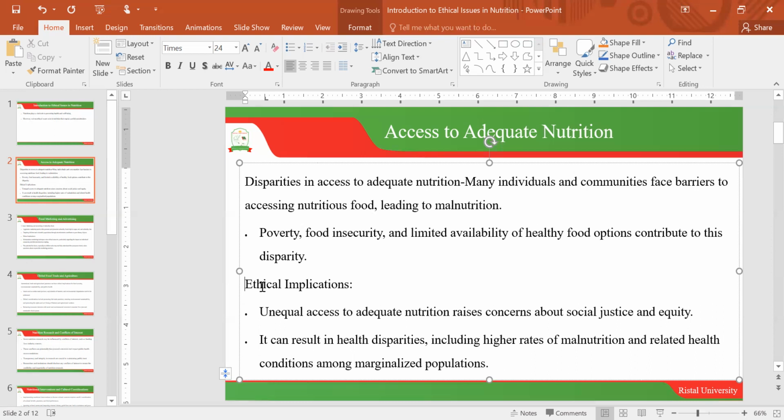When you do that, you are following the principles of social justice and equity.